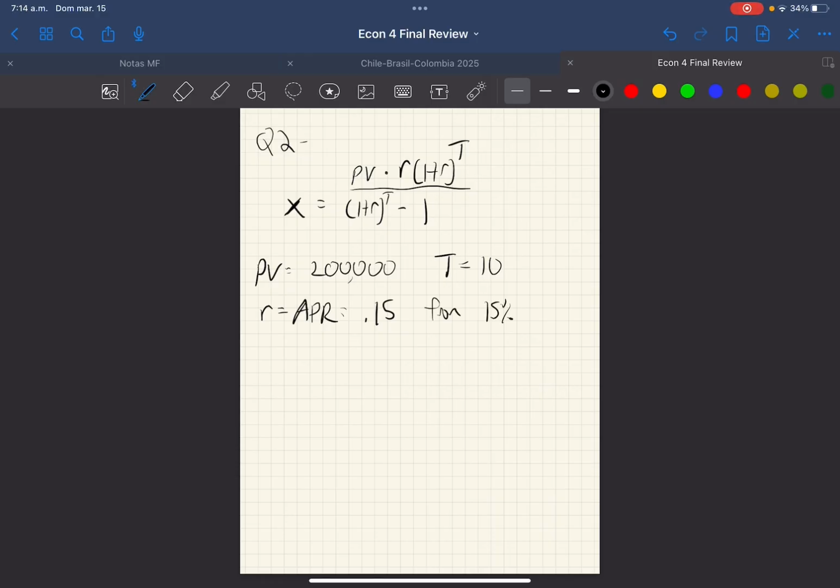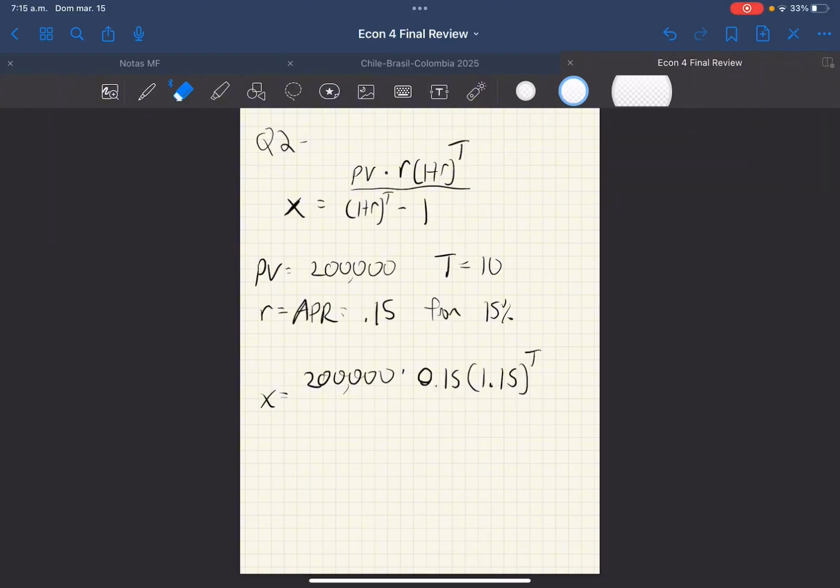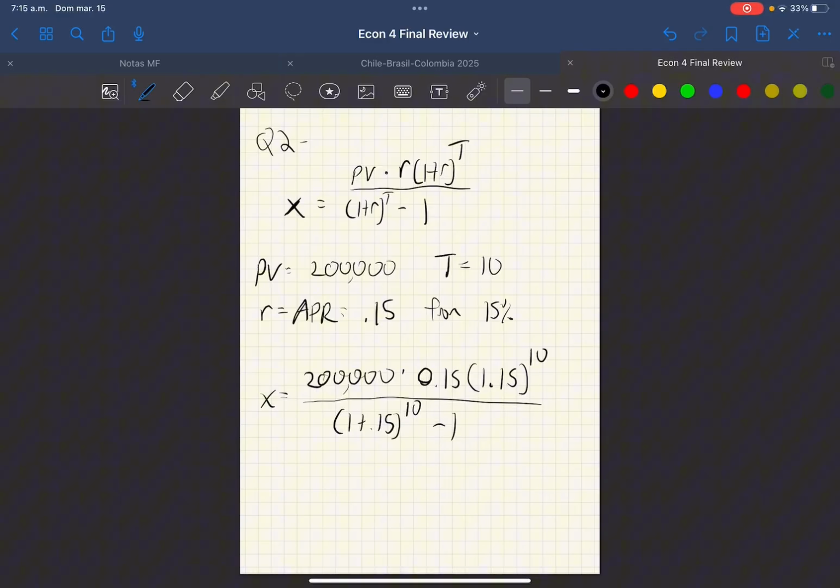Okay, so if we plug in these numbers, that's what we would plug in.